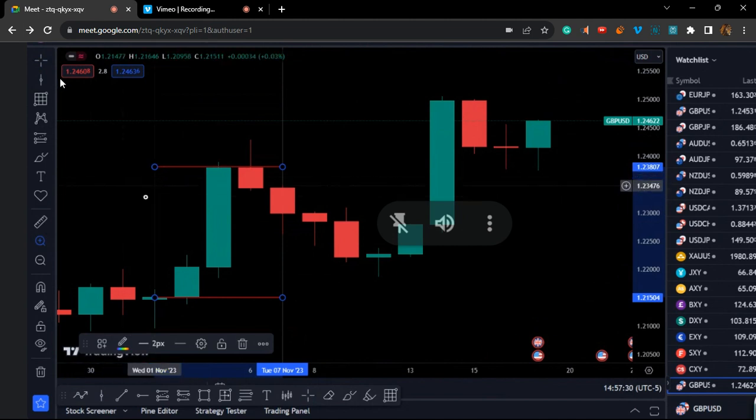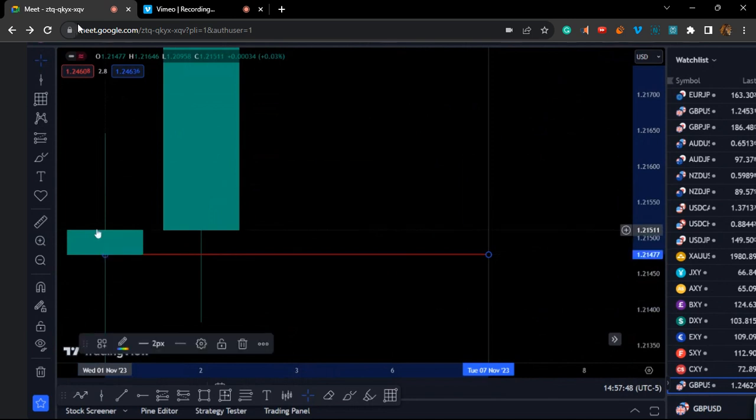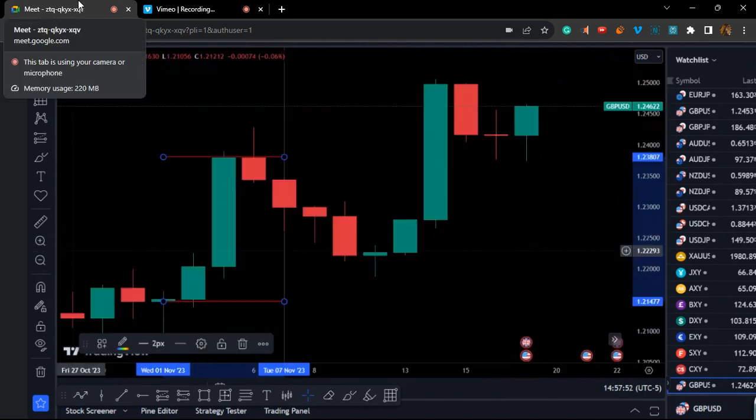You don't have it on the November 1st low. You have it on November 2nd low. You have to put it on the lowest body candle of the first 5 trading days. You got to zoom in to those days to make sure it's on the lowest low body. Okay, it's below. Now do the same thing for the top.